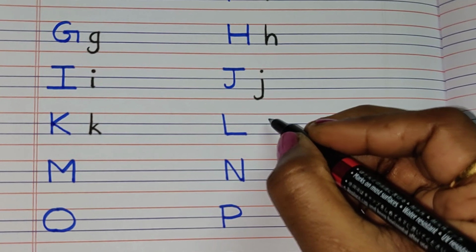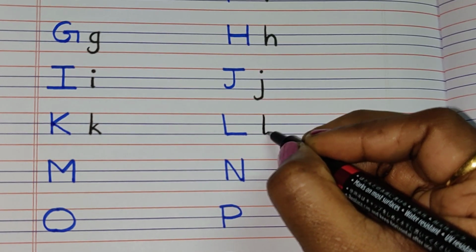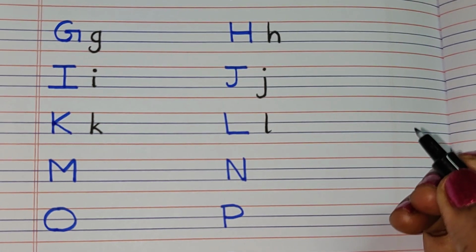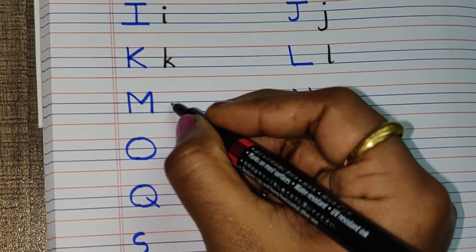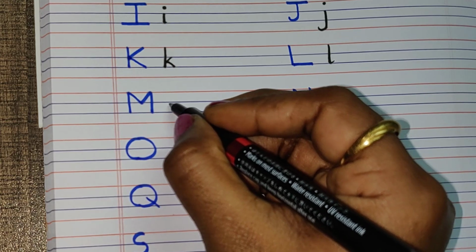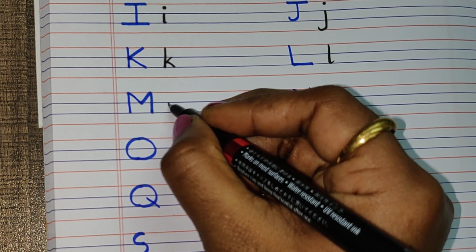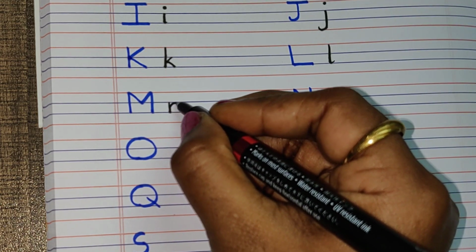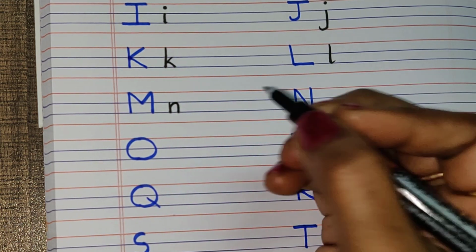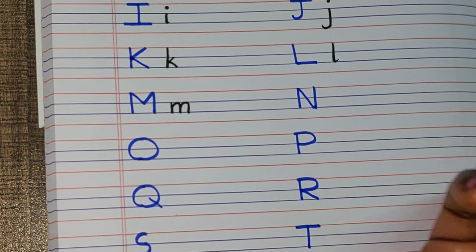So next is L. L is very simple, a standing line with one small curve, which makes L. I have covered three lines on that. So next is M. I am going to write this in between the second and third line.